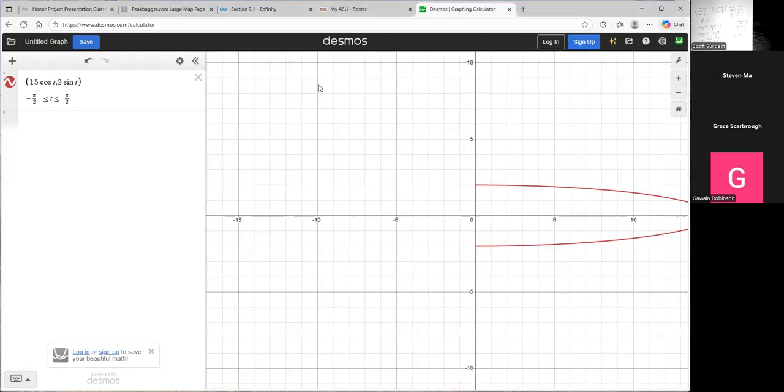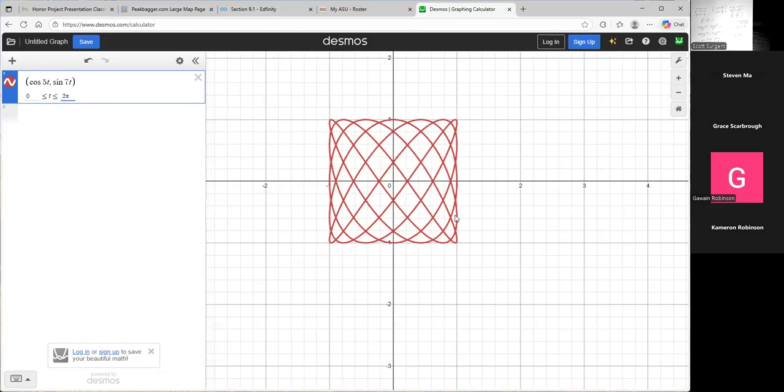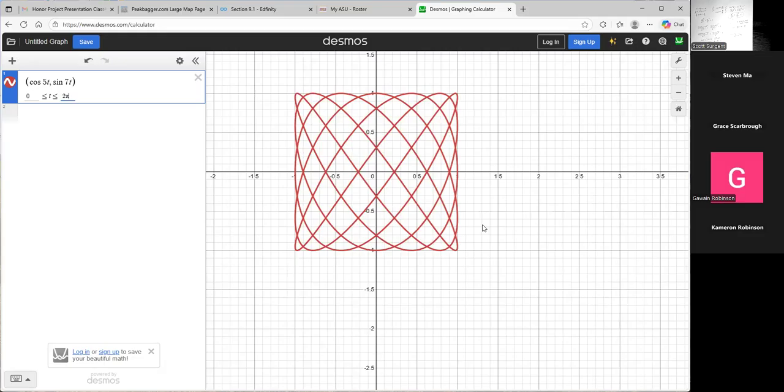One of my favorite shapes. You go cosine 5t, sine 7t, and then you go from 0 to 2 pi. So you want the full range, and you get a cool shape like that.